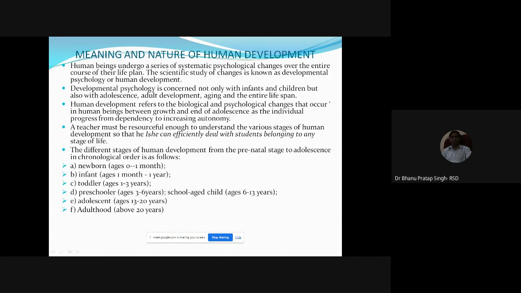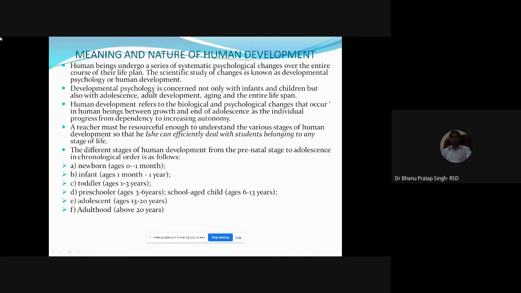So we have discussed human development. Human beings undergo a series of systematic psychological changes over the entire course of life. So this is human development, and the scientific study of change is known as development.